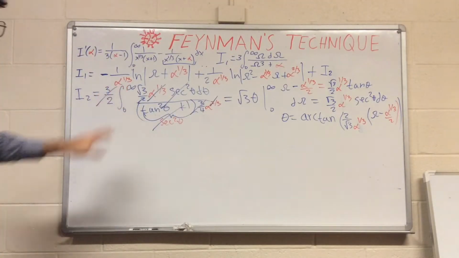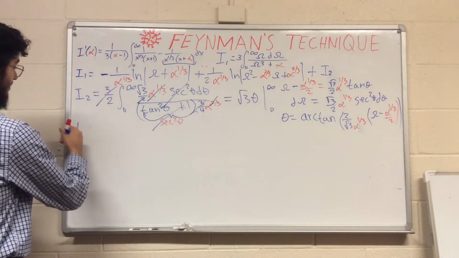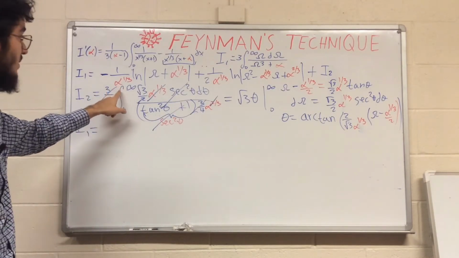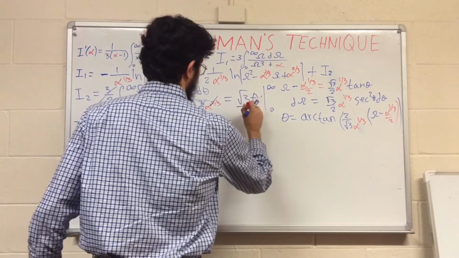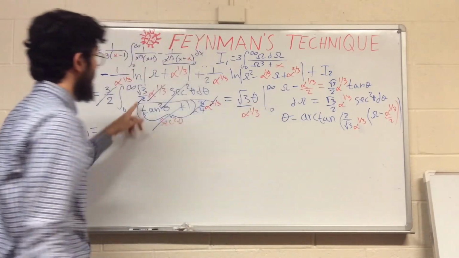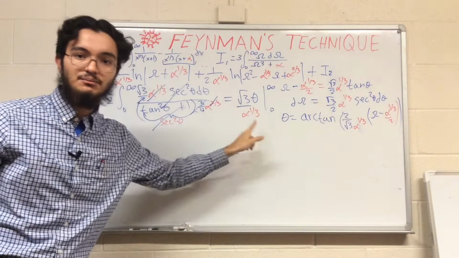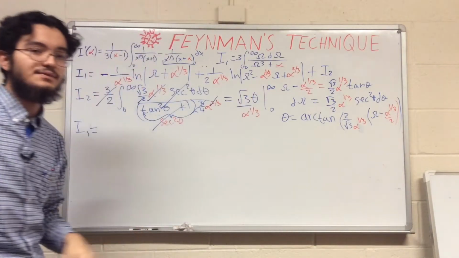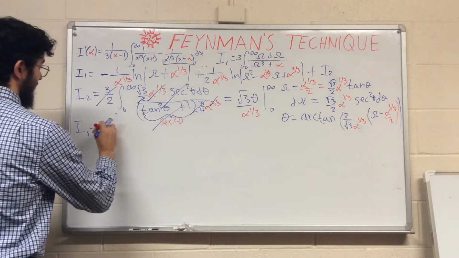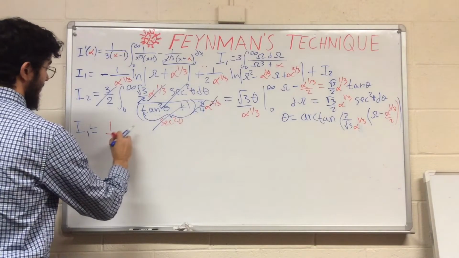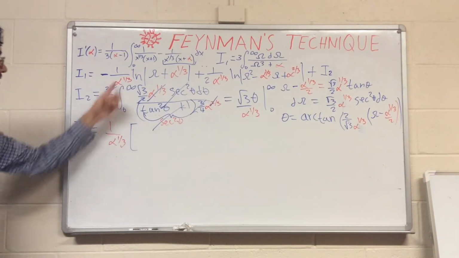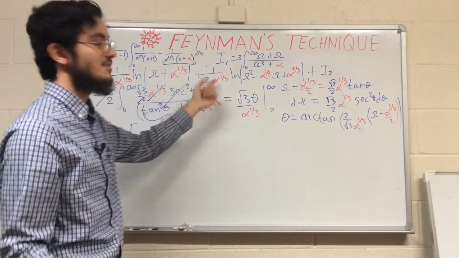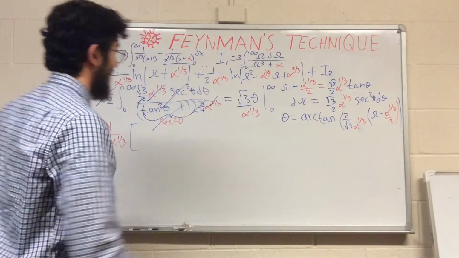So we have that I1, finally, is equal to, we can factor out 1 over alpha to the 1/3. Remember this over here has alpha to the 1/3, so we can factor out 1 over alpha to the 1/3 on all sides. All terms have 1 over alpha to the 1/3. So 1 over alpha to the 1/3 multiplied by, we can bring this together. If we have 1/2 over here, we bring the 1/2 as a power, so we have the square root of that.